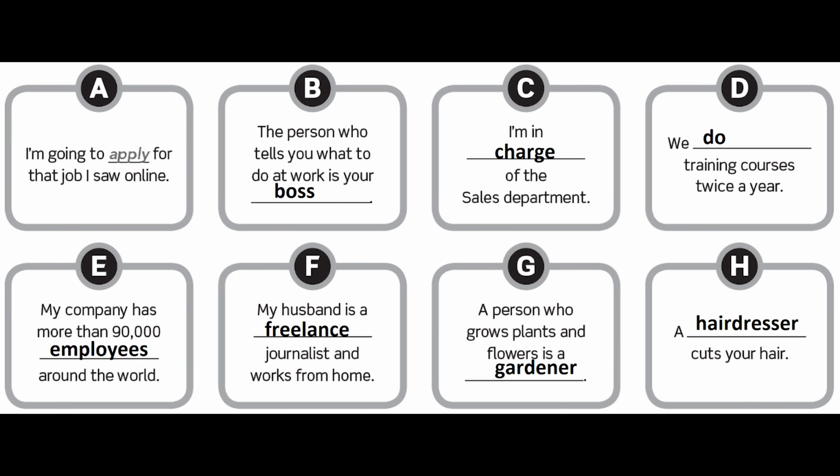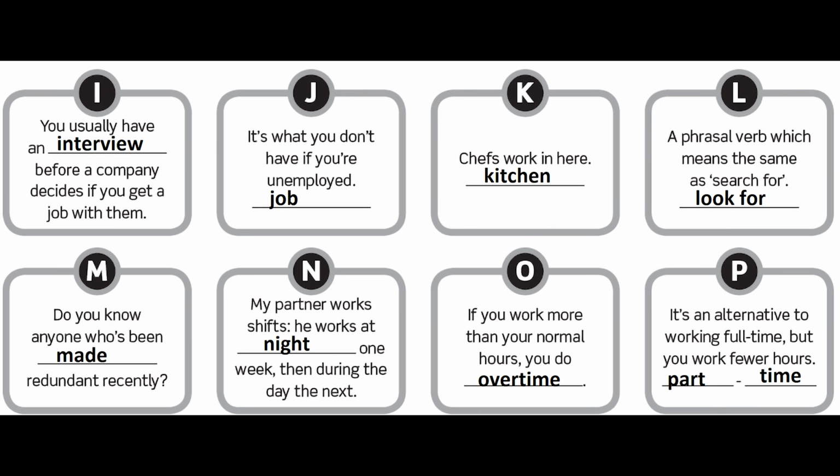F. My husband is a freelance journalist and works from home. G. A person who grows plants and flowers is a gardener. H. A hairdresser cuts your hair. I. You usually have an interview before a company decides if you get a job with them. J. It's what you don't have if you're an unemployed job.